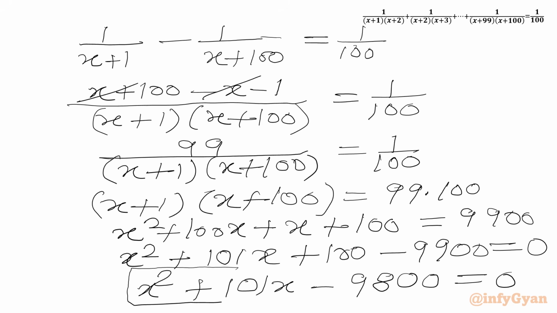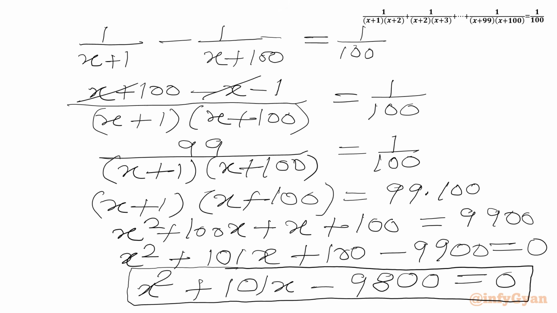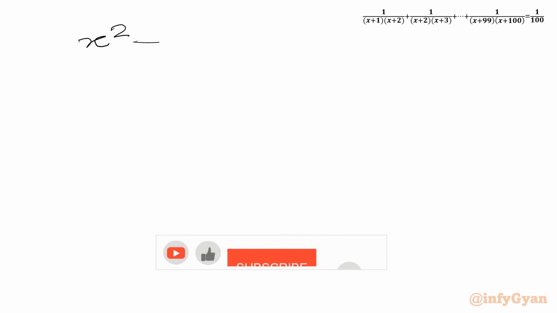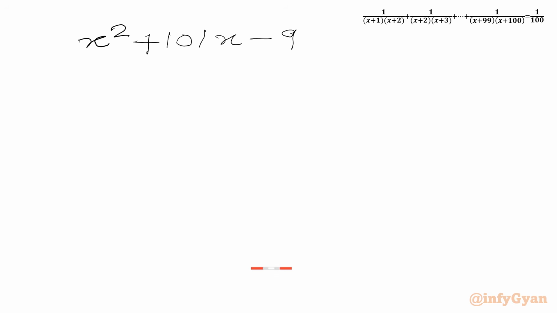Now we have to solve this quadratic equation for real x. We are going to use quadratic formula. So let me write our equation here. x square plus 101x minus 9800 equal to 0.